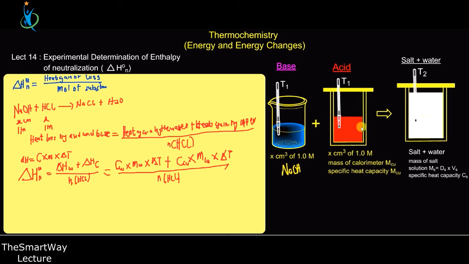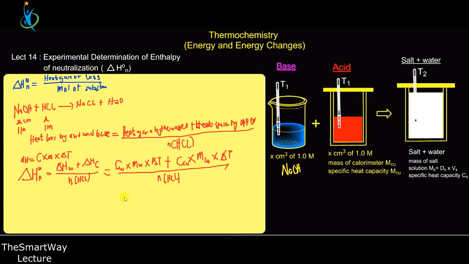Now realize that the acid and base came together and produced a salt solution. They didn't produce only water. But we are saying that the salt that is produced is small. The resulting solution is dilute, so the density is still close to water. So we can use the heat gained by the water as the heat gained by the salt solution. This is the assumption that I am making.